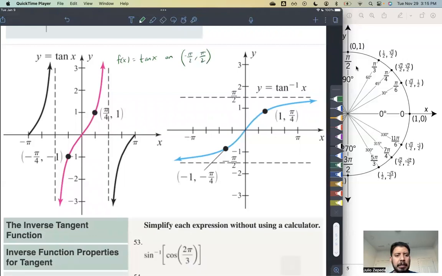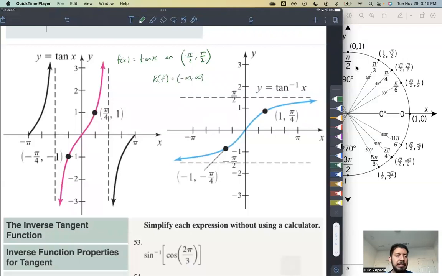We remember from last time in class that at -pi over 2 and +pi over 2, the tangent function is undefined. So we'll exclude those values. But in between, the tangent function is defined. And the range of this function is all real numbers, negative infinity to positive infinity.